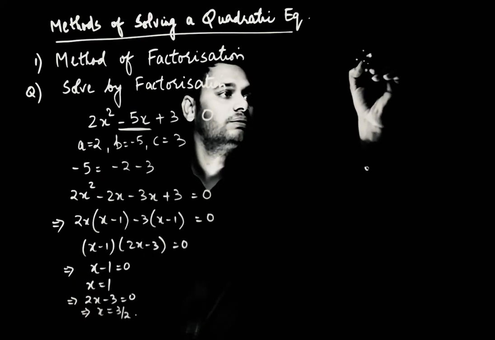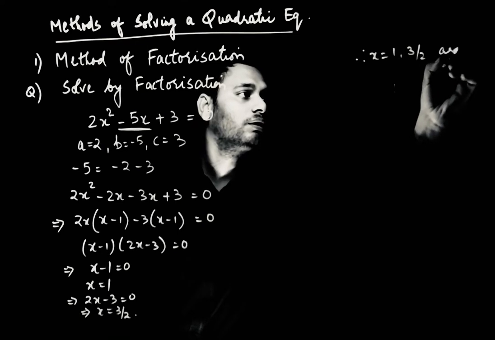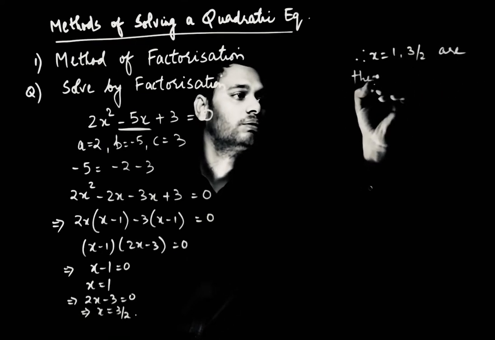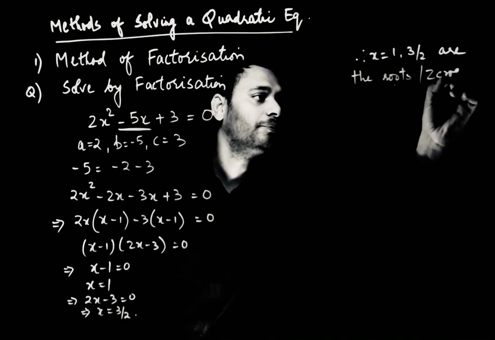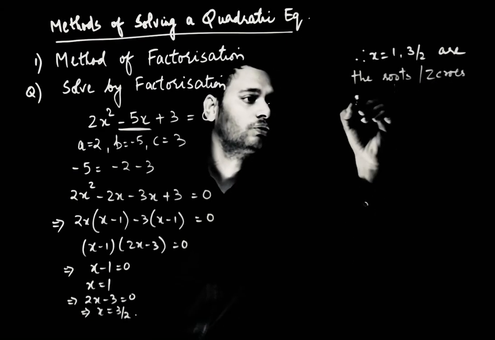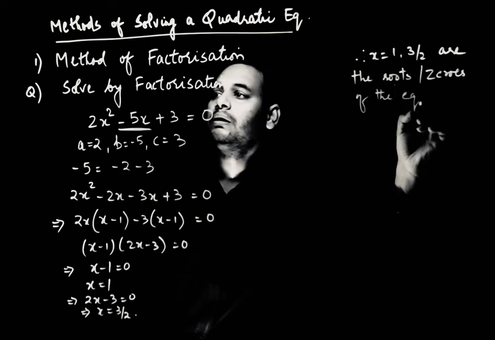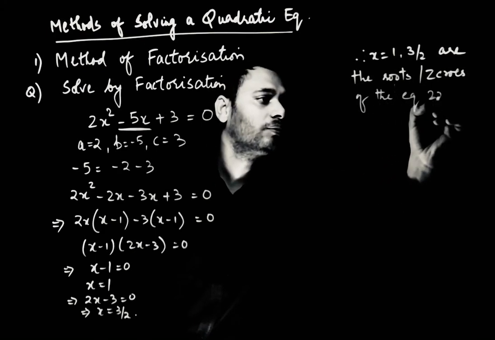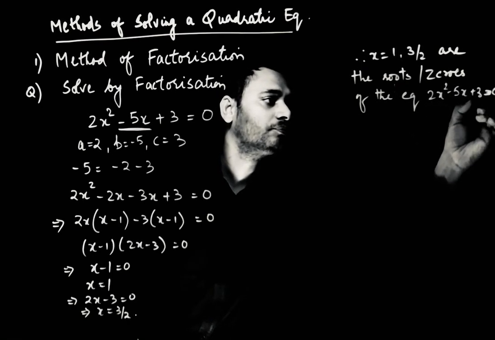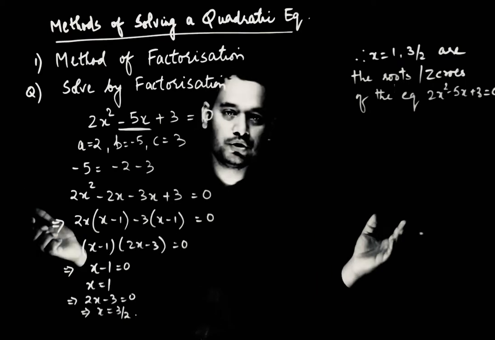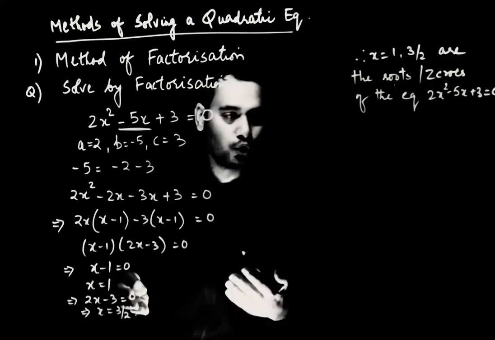You can write like this: therefore x equal to 1 and 3 by 2 are the roots, or you can say zeros, both are the same thing, the zeros of the equation 2x square minus 5x plus 3 equal to 0. So this is how we do the factorization method, and we get two roots or zeros.